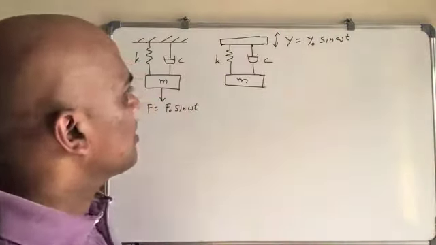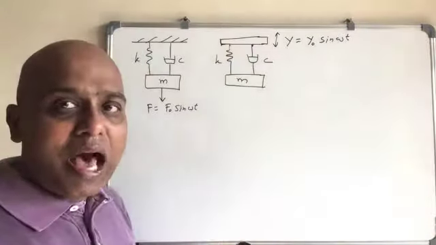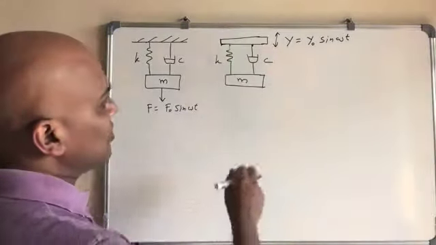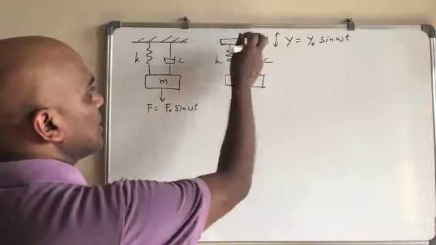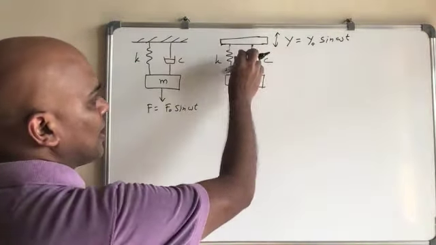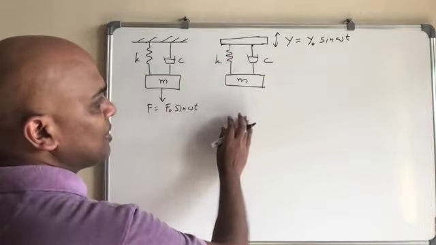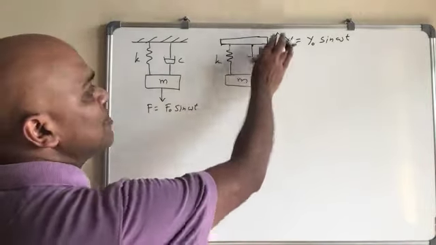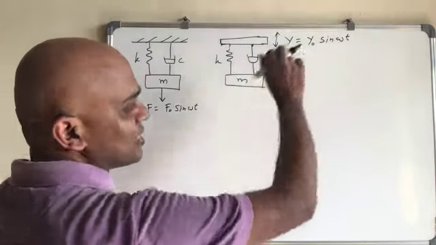Now first of all, how do we derive the equation for this one, where the base, that is the frame to which the spring and damper are attached, is moving up and down following y equal to y naught sine omega t?